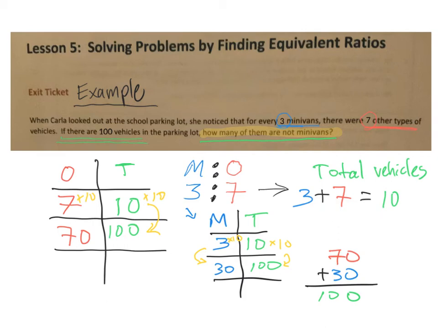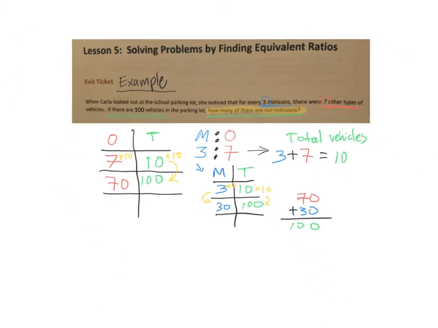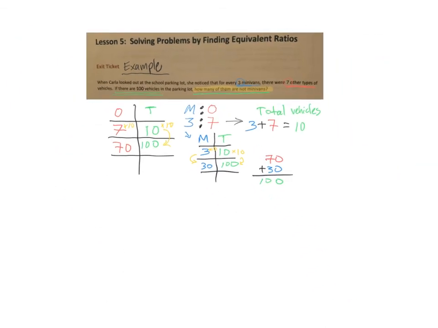Now let's take a look at how this works with a tape diagram. So the tape diagram is going to look the same exact way as it has before in the past. So we're going to make 3 different tapes though, because we're dealing with other types of vehicles.